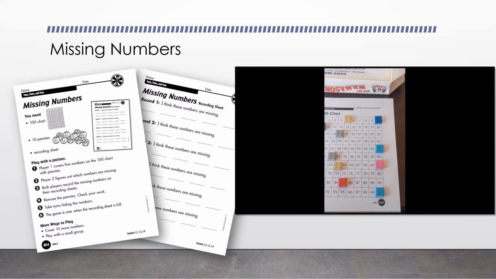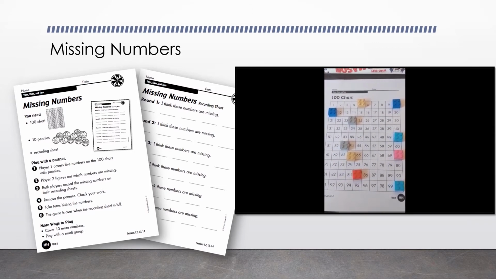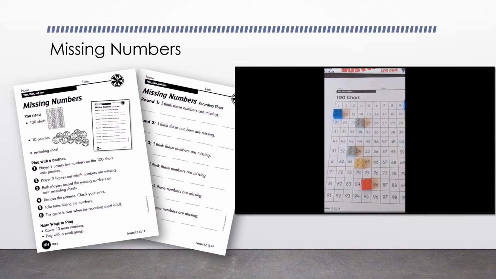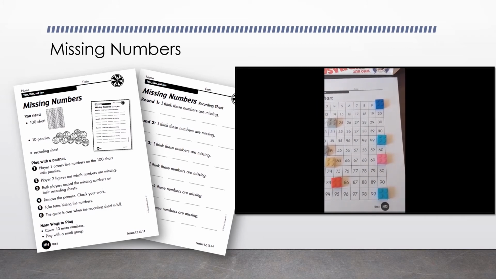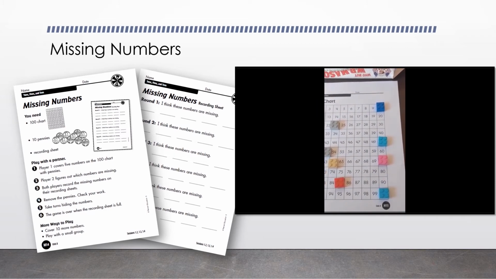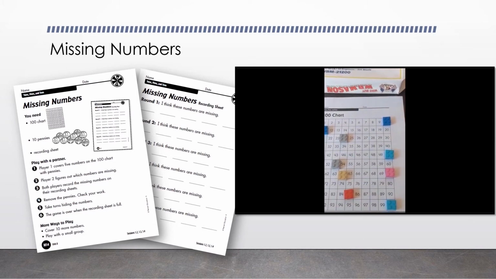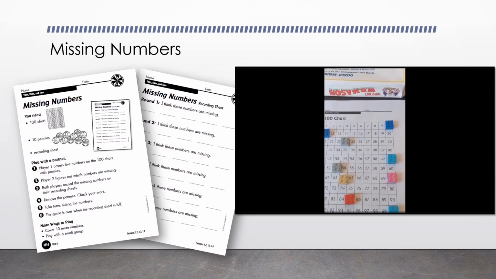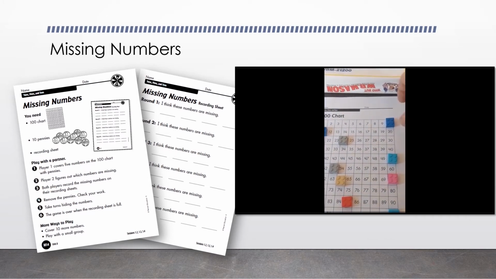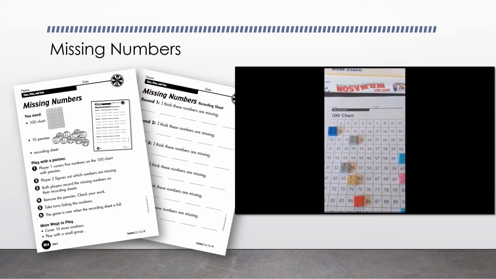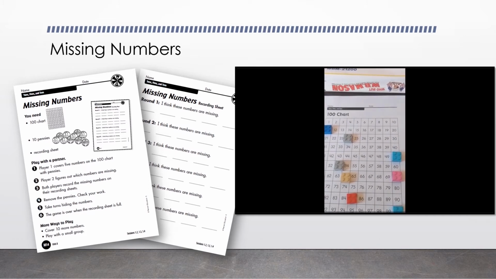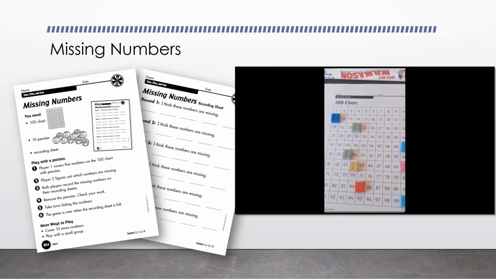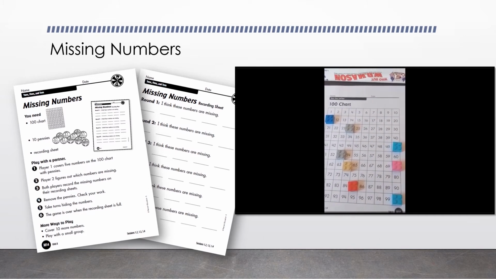I know that that is 5. Let me check. Yep, that's 5. Now, let's see. Oh, the one that comes after 9? I think it's 10. Let me check. Yep, that's right. What do you think the other numbers might be?